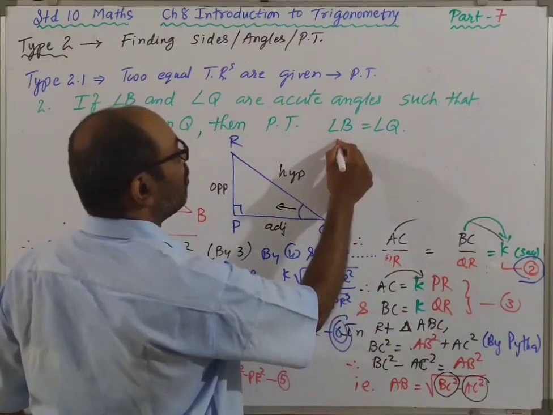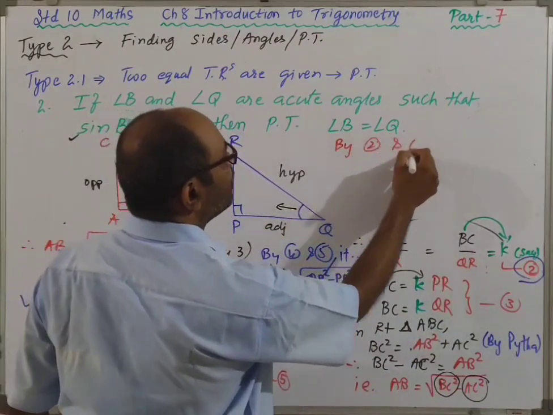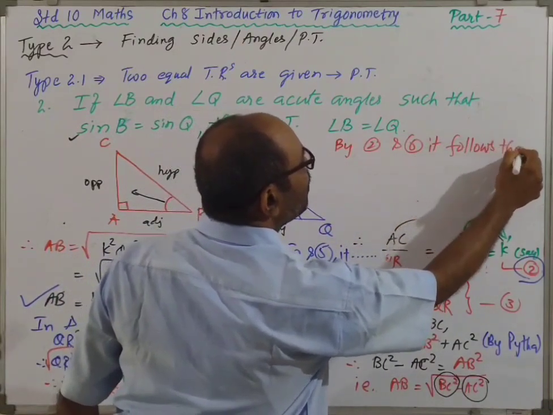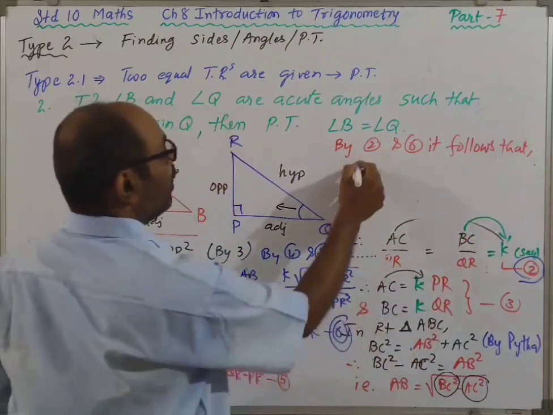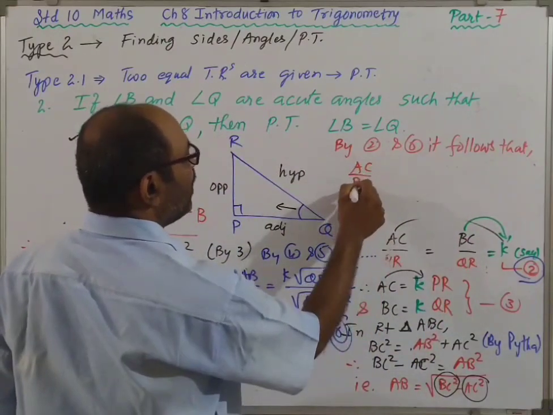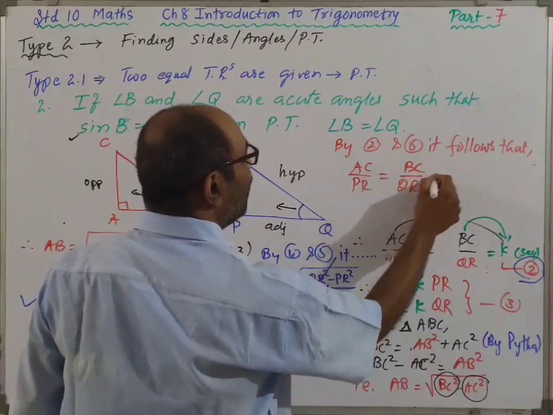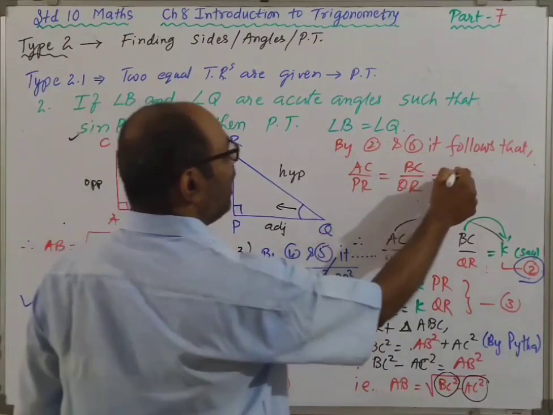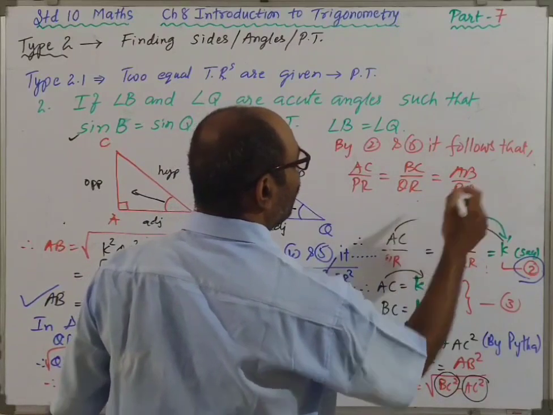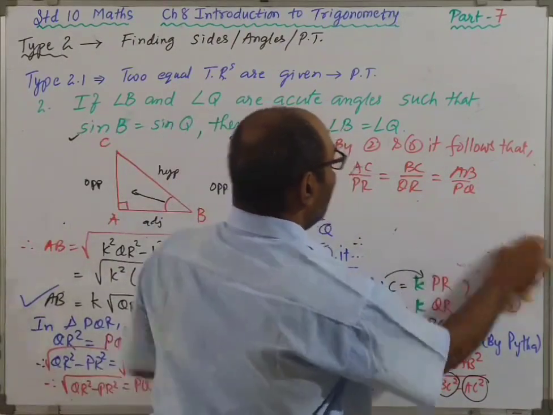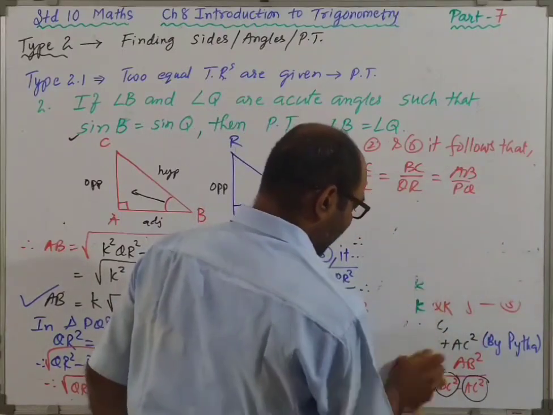By 2 and 6, it follows that AC upon PR is equal to BC upon QR is equal to AB upon PQ. Finished. SSS is satisfied.